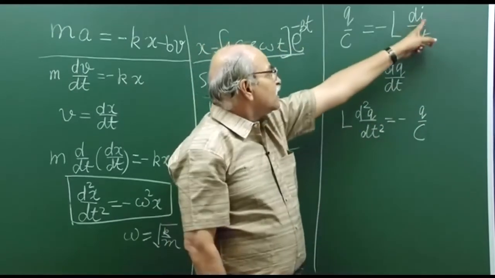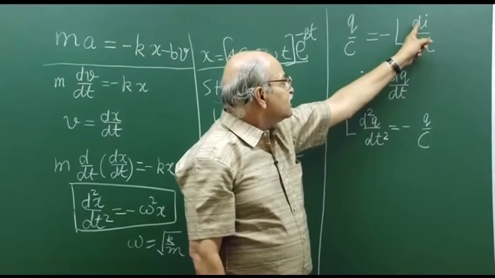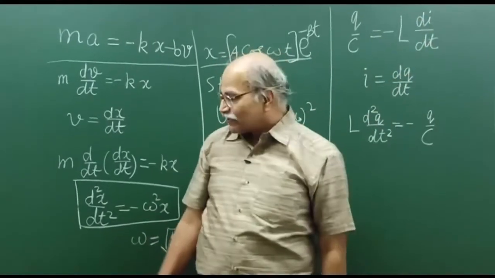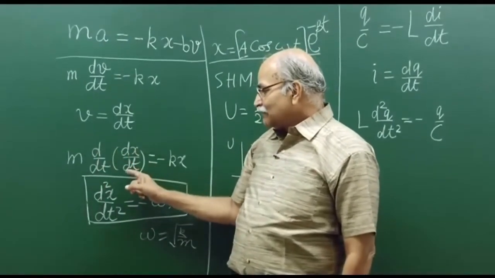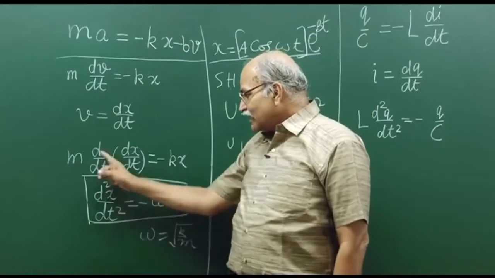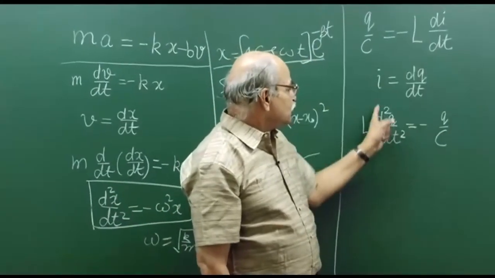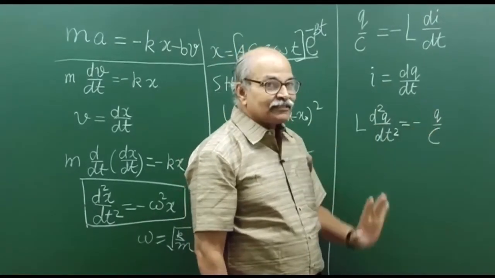So, in place of this I am writing dq dt, and when you write it that way, d dt of dq dt, just like d dt of dx dt we write as d2x dt square, similarly here we will write this as d2q dt square, equal to minus q by c.